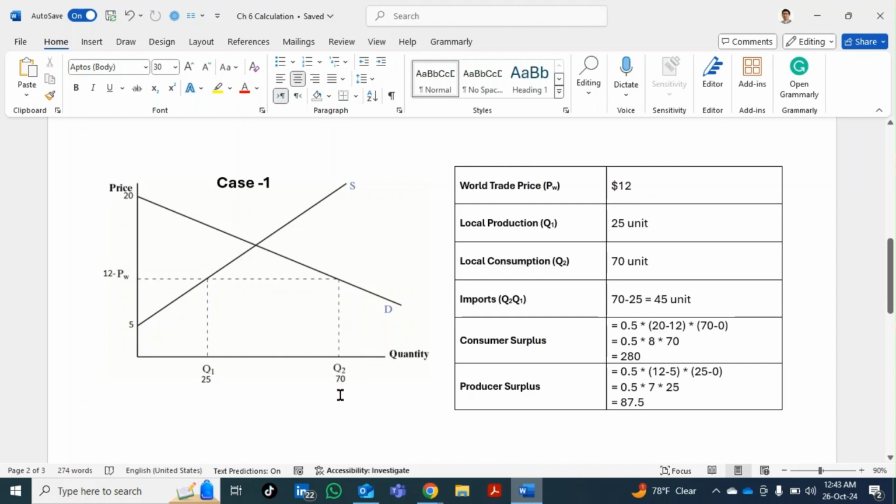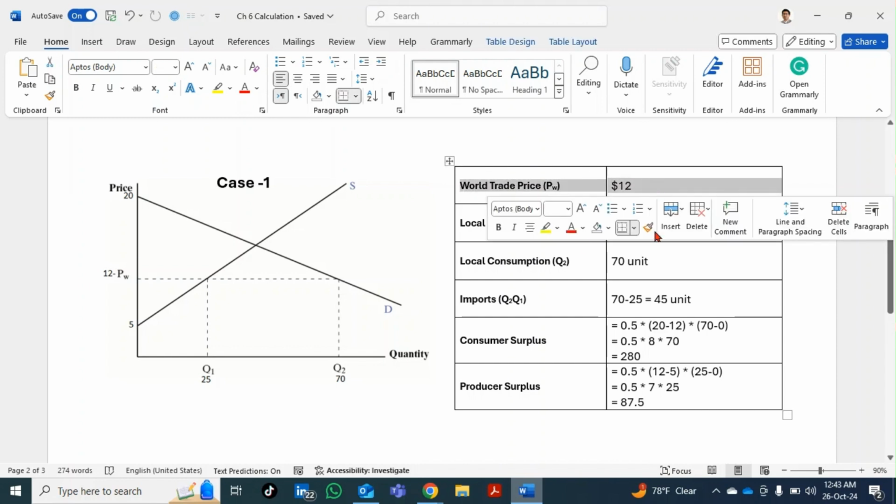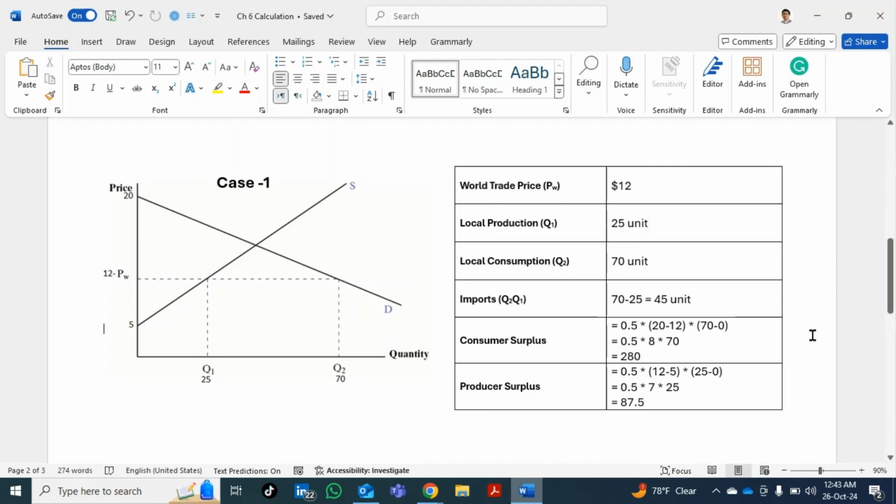So we can understand that at the price of PW, the economy is producing 25 units, but consuming 70 units. The total production is 25 units, but at the same time the total consumption is 70 units.